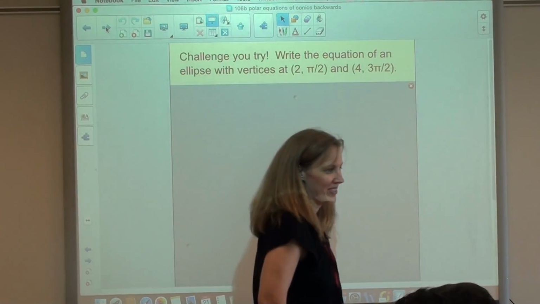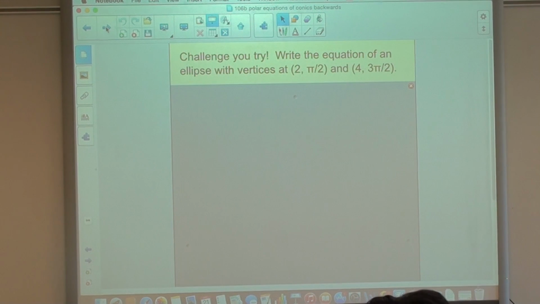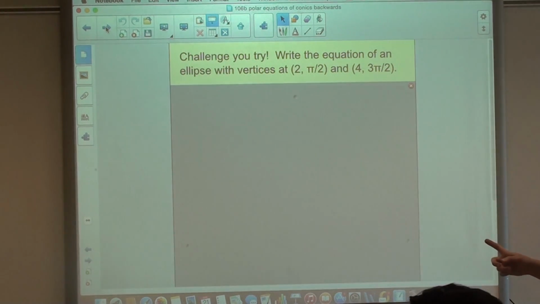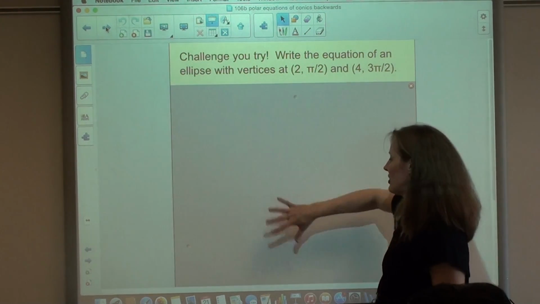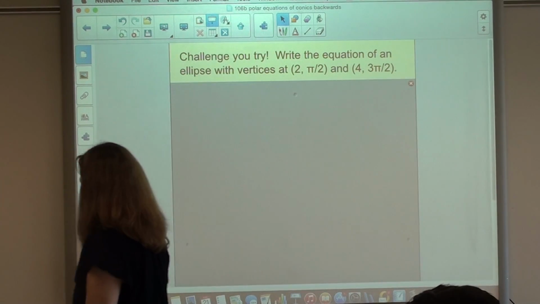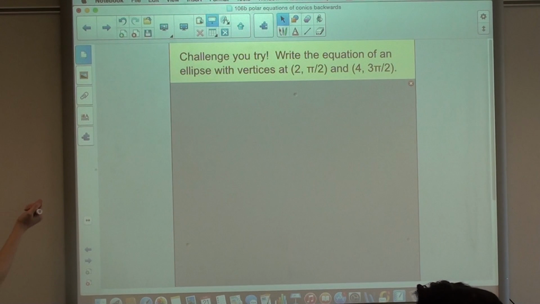I have a challenge problem. There are several ways to solve it. One way uses prior knowledge. If you have no prior knowledge, you can still solve it, by writing out a shell of the equation.